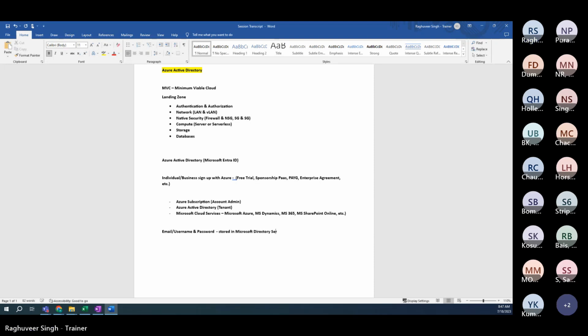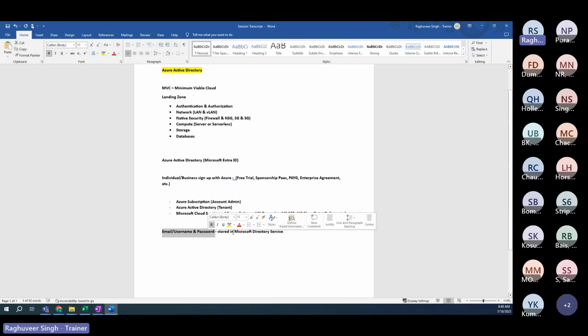directory service. And every time you log in to that portal, let's say you signed up with Microsoft Azure Cloud Platform with this information, and after that, you are logging into Microsoft Azure Cloud. So every time you are logging in, you're providing this piece of information.